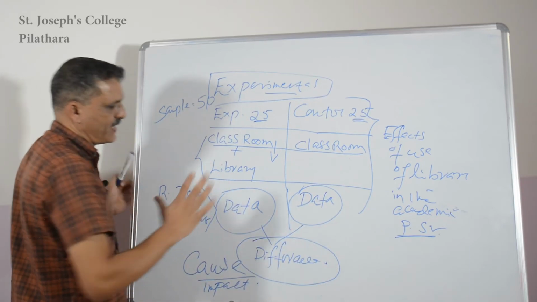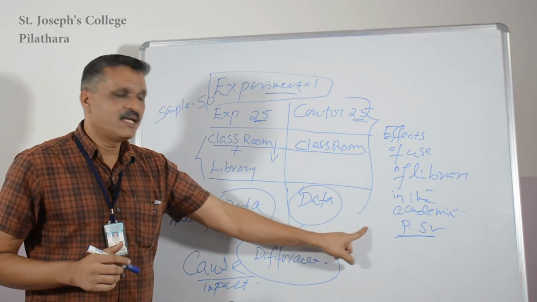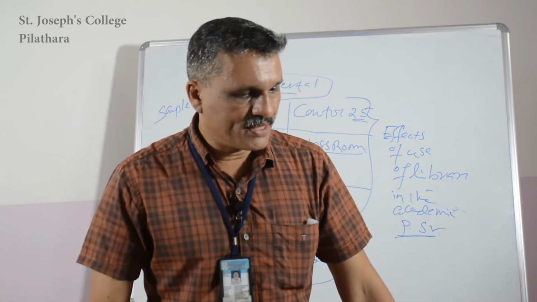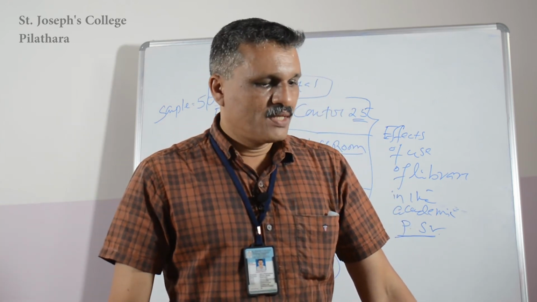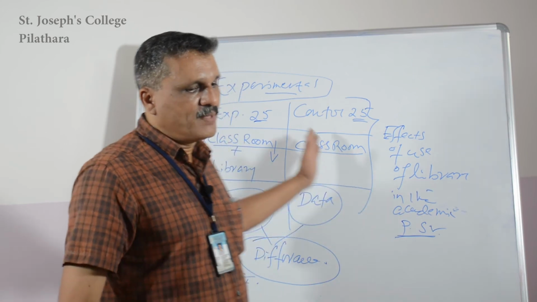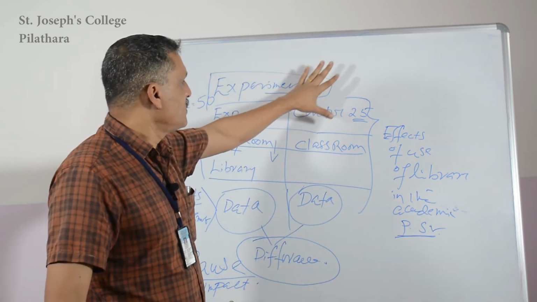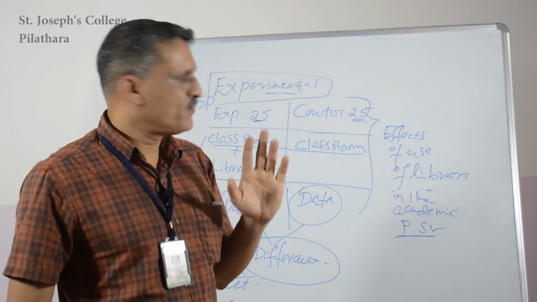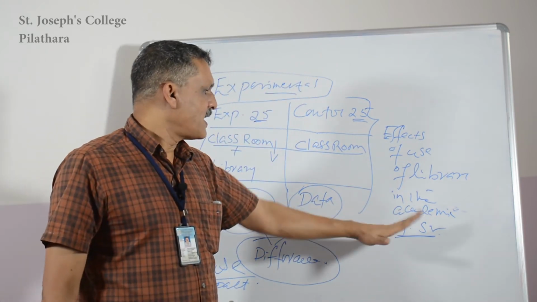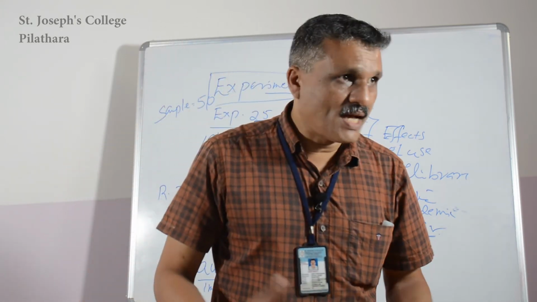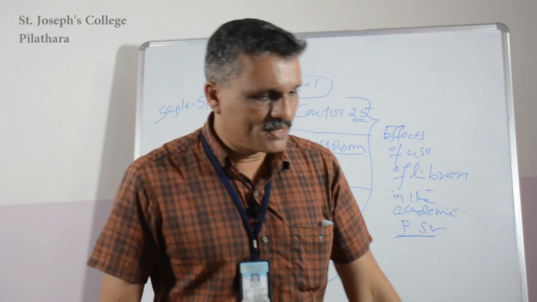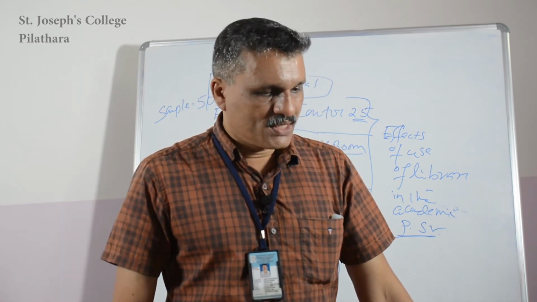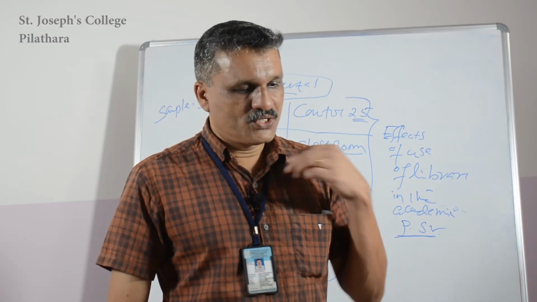We can come out with statistical information on what the difference is in our experiment. Here the objective is to assess the effects of the use of library on the academic performance of the students. So what is happening in the experimental group and in the control group? This is about experimental research design.